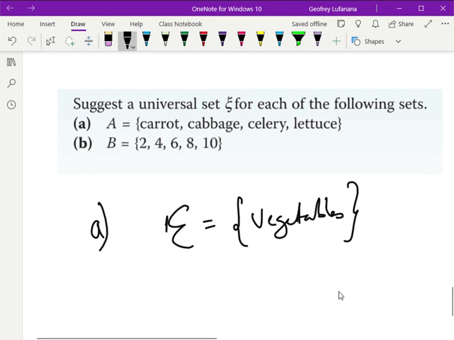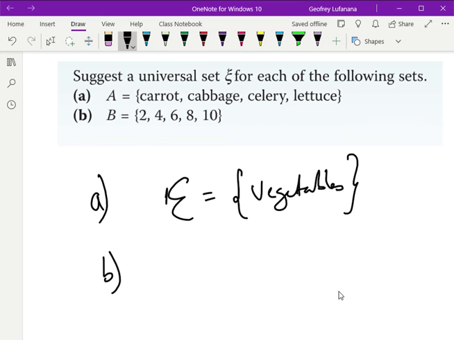Whereas in part B, our set B has 2, 4, 6, 8. Now, if set B was to be classified as a set of integers, yes, the universal set would be integers.